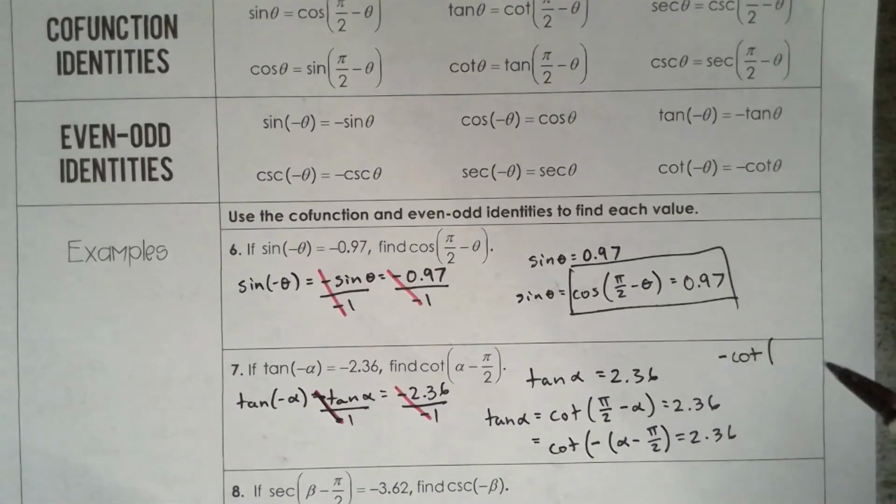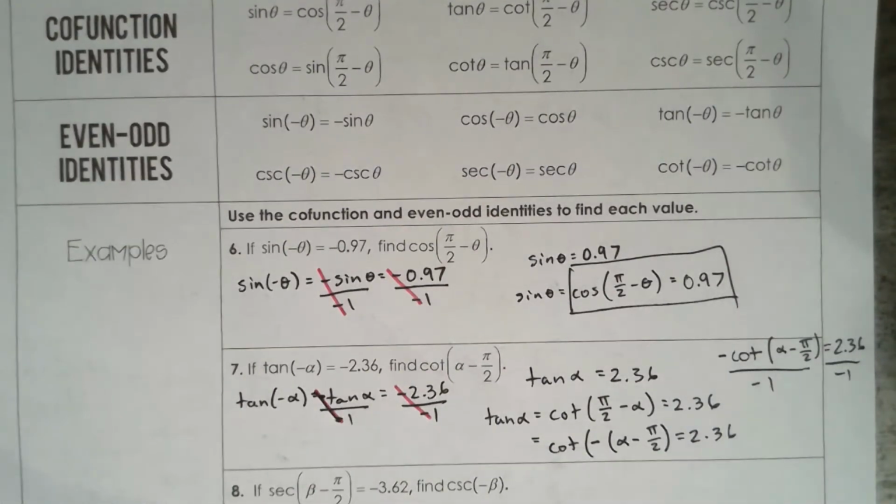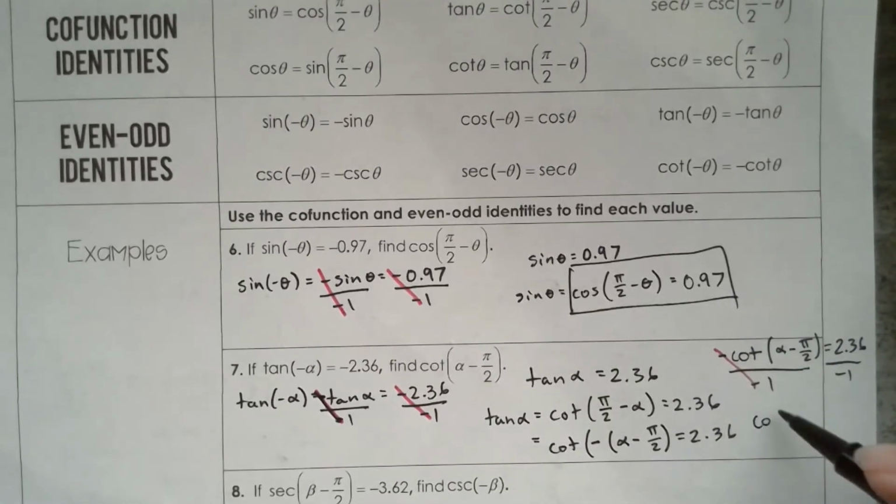That's equal to 2.36. Lastly, divide both sides by negative 1. And that'll give you cotangent alpha minus pi over 2 is equal to negative 2.36.